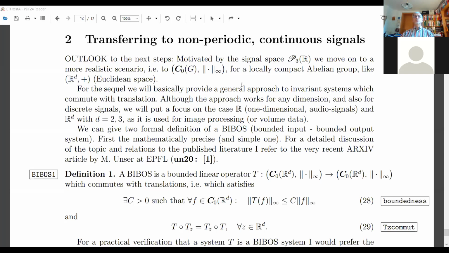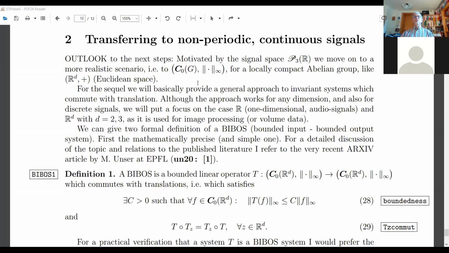The other thing is I don't want to have discrete variables. That's the same thing on the time side now, but continuous variables. And actually the description of the things that I'm doing for the Euclidean case, so for R^d, d is the dimension, with a focus on d equal 1, you think of audio signals, d equals 2, you think of images, d equals 3, you think of voxels approximating volume data or so.